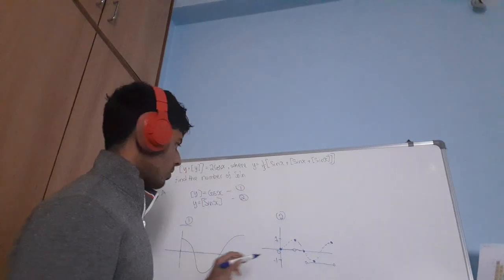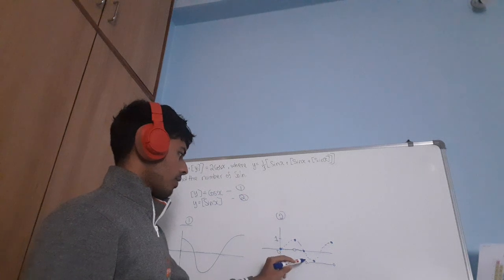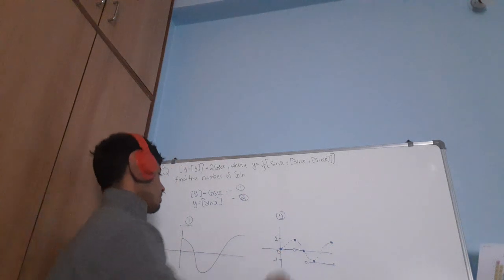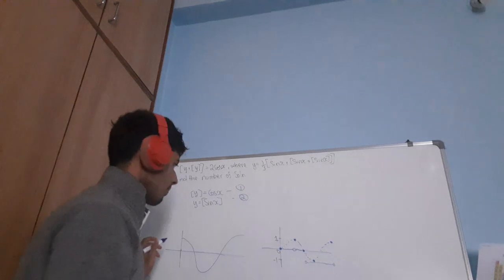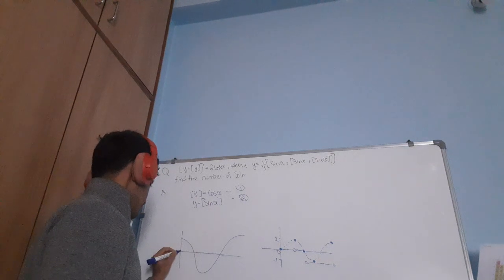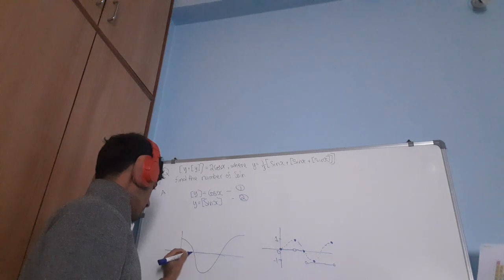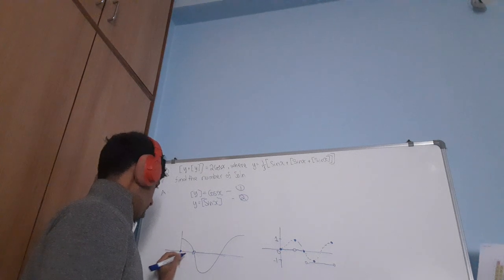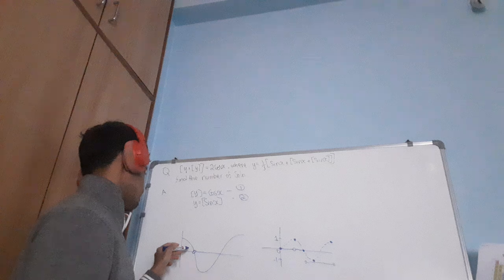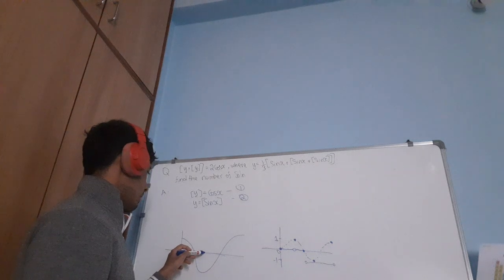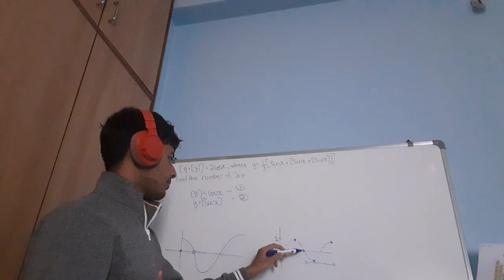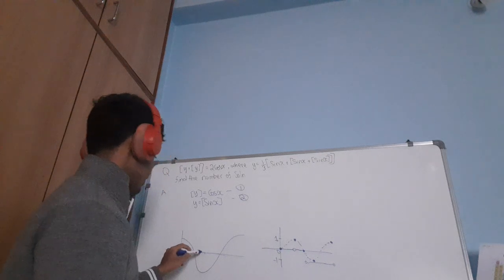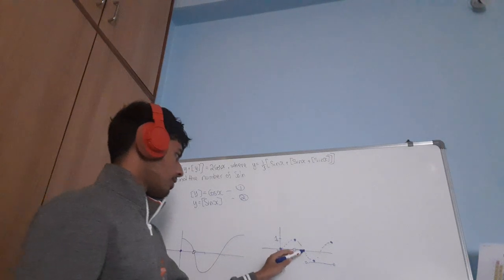So if I were to draw the same graph overlapping with this, this is how it would look. It would start over here, come till here, but then you have an open section. You don't really have a solution over here. And then over here, you basically have 0, no solution.